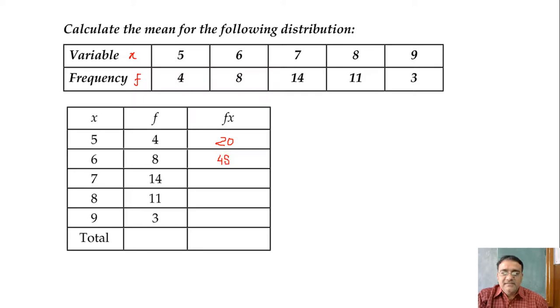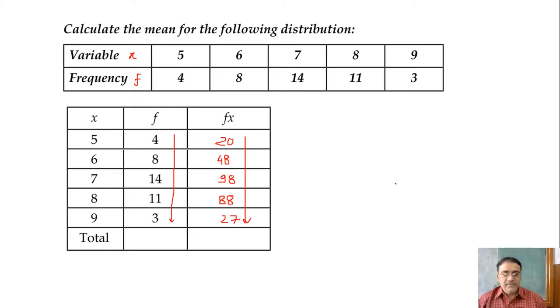And the third one, 98. Next one, 88, next one, 27, right, 27. Okay, now what we have to do, summation fx means ये fx का पूरा total you have to add, and summation f means f का पूरा total.